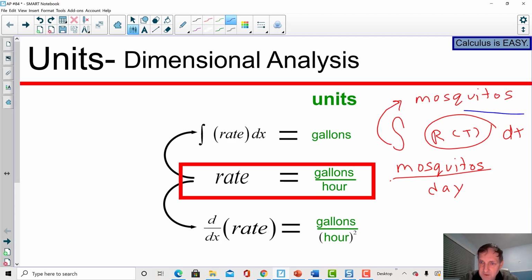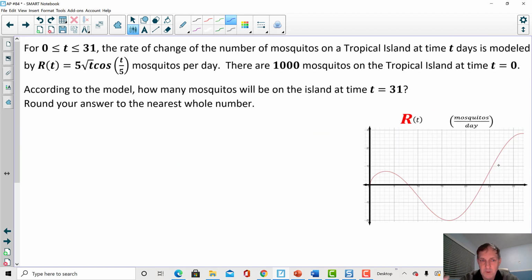So we already know that we want to do the integral of r of t, because r of t has units of mosquitoes per day, and if we do the integral of it, our units will just be mosquitoes. And that's what it wants to know. It wants to know how many mosquitoes there are at a certain time.